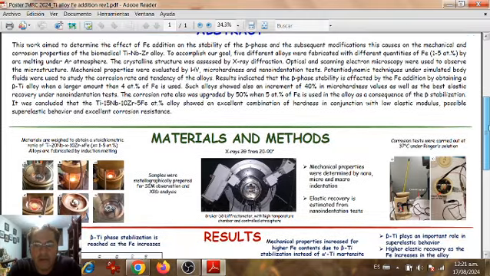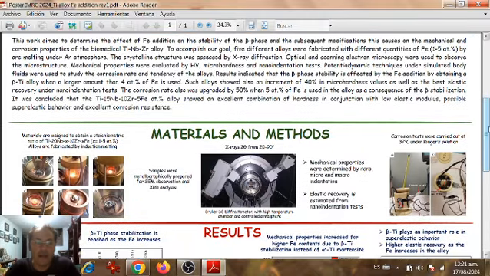To prepare our samples, we use an induction melting furnace, and we weigh the materials in the stoichiometric ratio to obtain different alloys composed of titanium, 20 niobium, and 10 zirconium, and we varied the iron from 1 to 5 atomic percent.